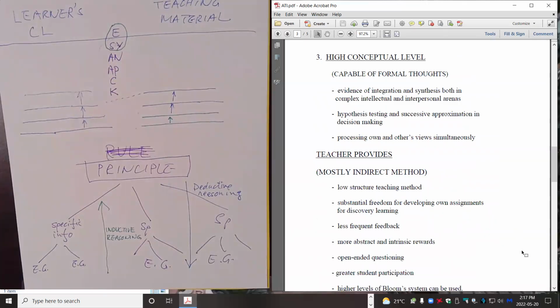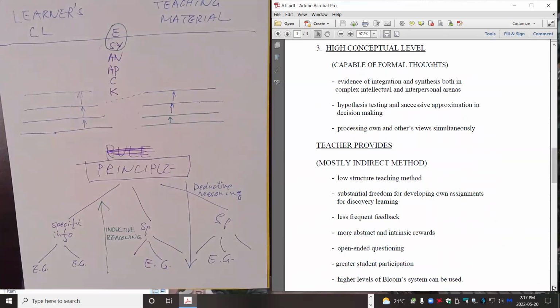High CL, high conceptual level, is to say students are capable of formal operational thought. Take a look at the characteristics. There is evidence of integration and synthesis, both in complex intellectual and also interpersonal arenas.